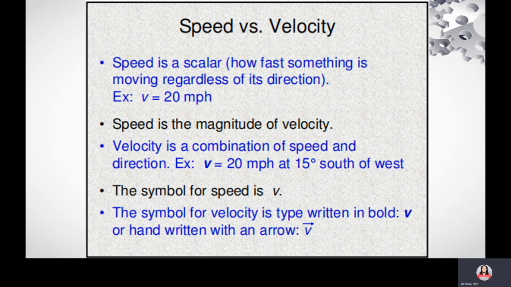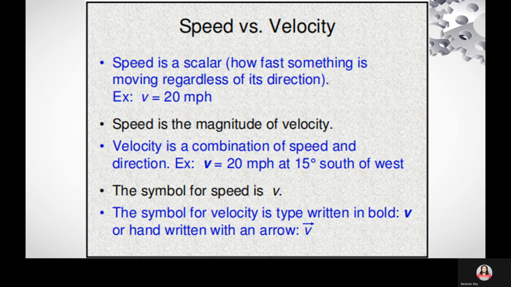Yung symbol for speed ay v, pareho sa velocity. The symbol for velocity, kung typewritten, naka-bold na small letter v, or kung handwritten, meron siyang arrow sa taas.